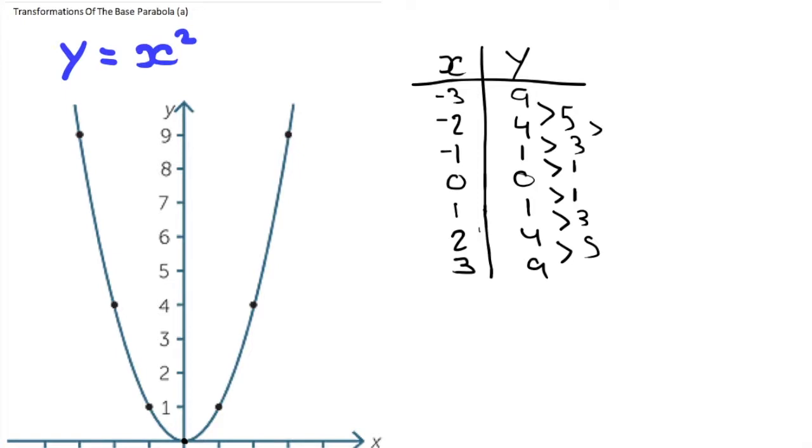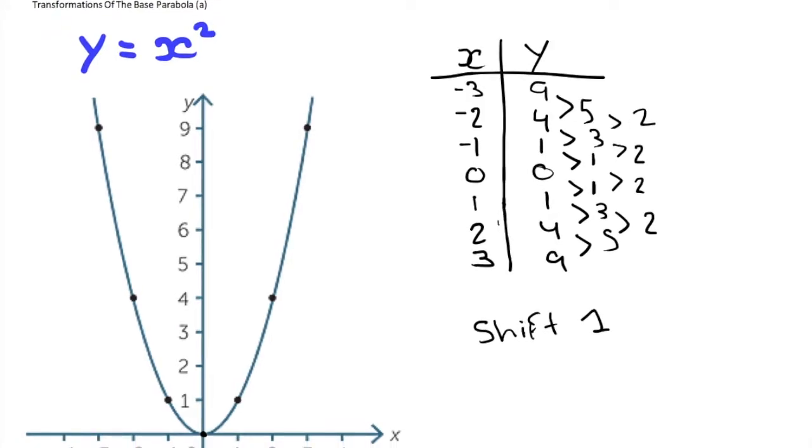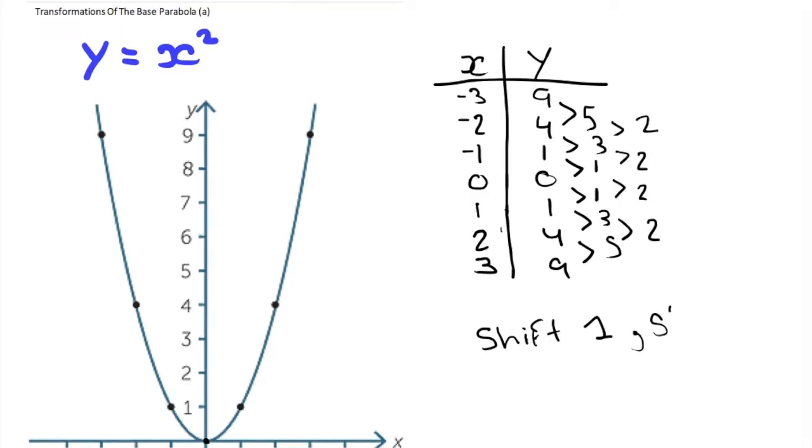When we look at this, we know that the second differences always portray back to the shift step. So the shift step of the base parabola is you have to shift 1 and you have to step 1, right?